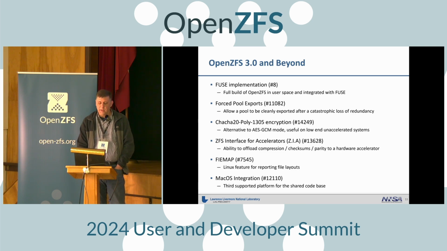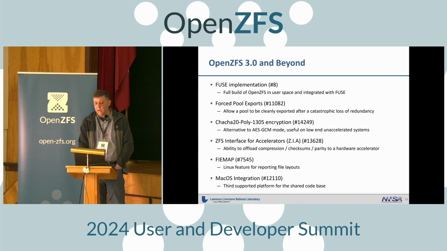So the first one here I find kind of amusing because the issue number is after it there in parentheses. This is issue 8 on the tracker, right? We're at like 16,000 now or something like that. So way back when, in the first 10, was to get a full FUSE implementation going that we could run in user space. I still think that would be really interesting, and I'd love to see that happen.